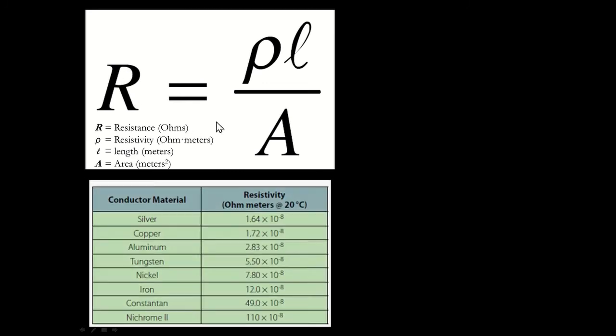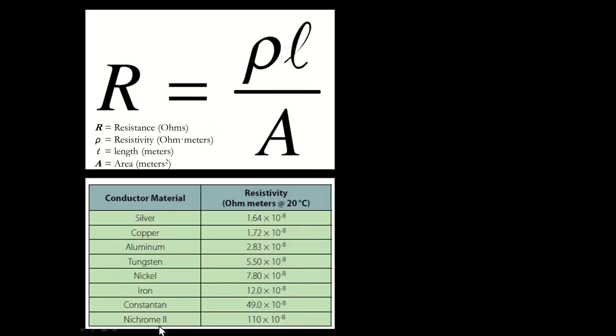So resistivity is going to be measured in ohm meters. Because if this is measured in meters and this is square meters, they cancel and we're left with meters in the denominator. So this would have to have meters in it so they cancel, and would also have to have ohms in it so it didn't cancel, and we're left with ohms as our result.